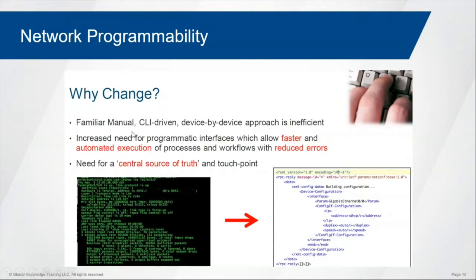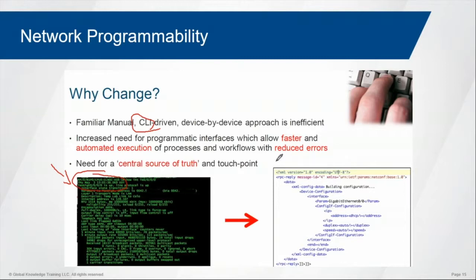So what's needed is a change from just doing everything in the command line to the ability to automate it or program it. Here's just a simple example of a show command on an interface. This is the command line interface, nothing new. But what if we could take the same command line and put it in a language that's both human readable and machine readable?